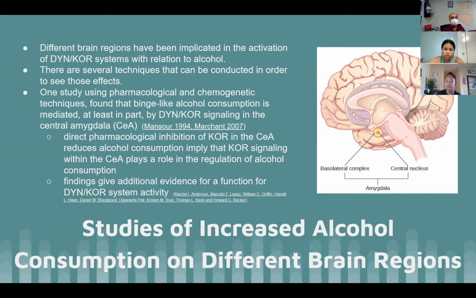These findings demonstrated that direct pharmacological inhibition of KOR in the central amygdala reduces alcohol consumption, implying that KOR signaling within the central amygdala plays a role in regulating alcohol consumption. Moreover, this study is important as its findings give additional evidence for the function of DYN-KOR system activity, specifically activation of this neuropeptide system in the central amygdala.